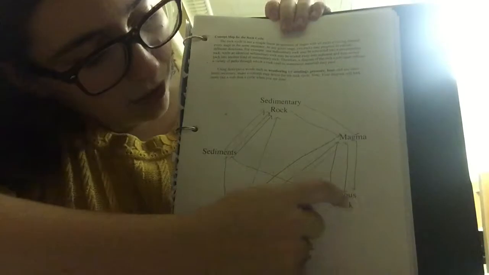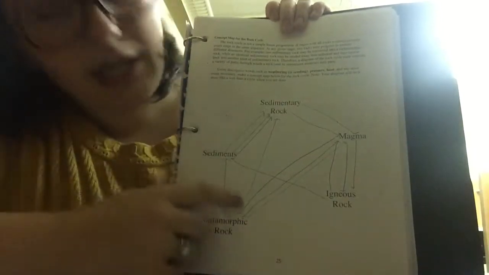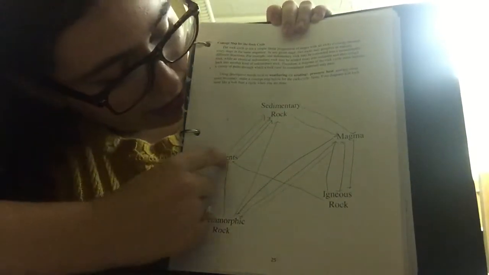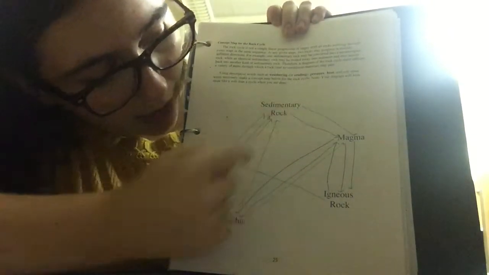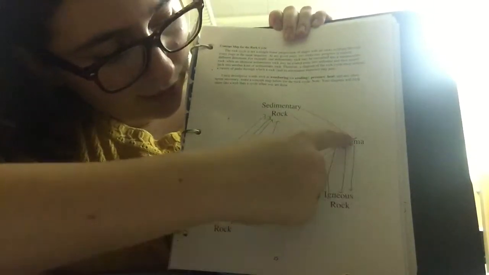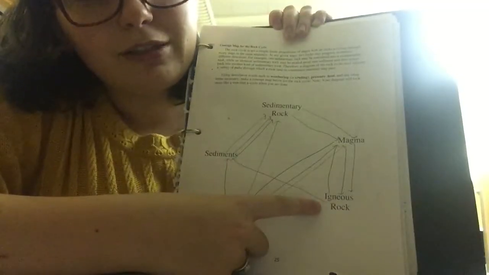So I also have this cool drawing. For all of the other rocks, to make a sedimentary rock, they have to be ground up again and put back into sediments. And so they could be made into a sedimentary rock. And then a sedimentary rock, if it goes through magma, it can melt into an igneous rock if it's all melted together.